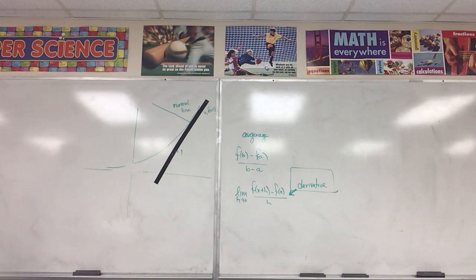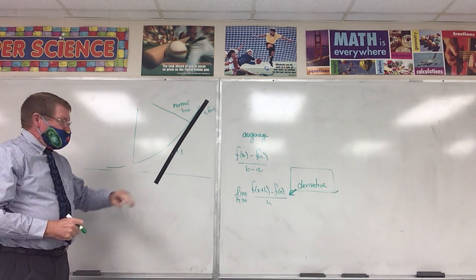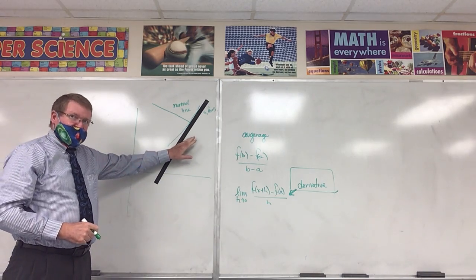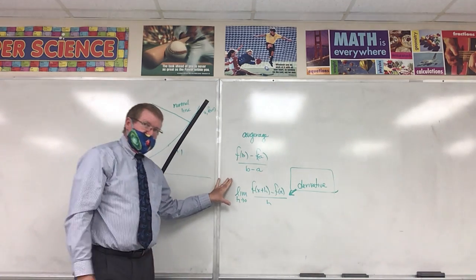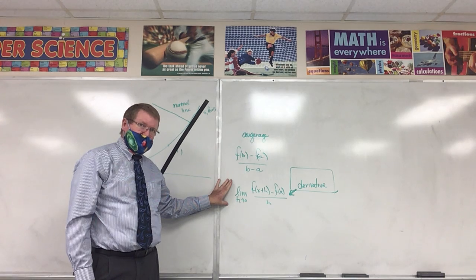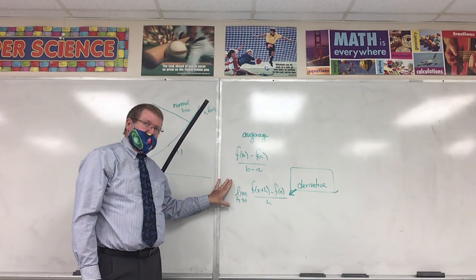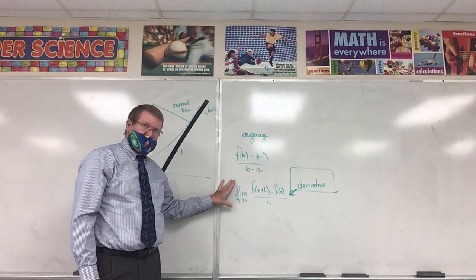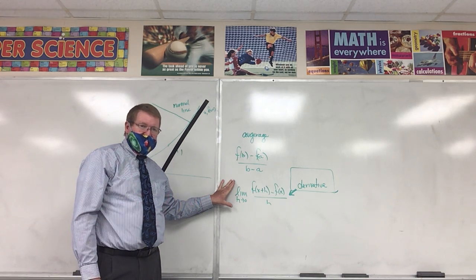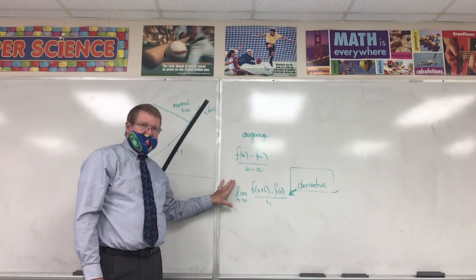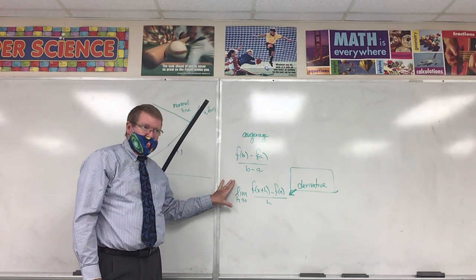Opposite reciprocal. So first of all, if I can find the slope of my tangent line using this equation, I can find my normal line by taking the opposite reciprocal.